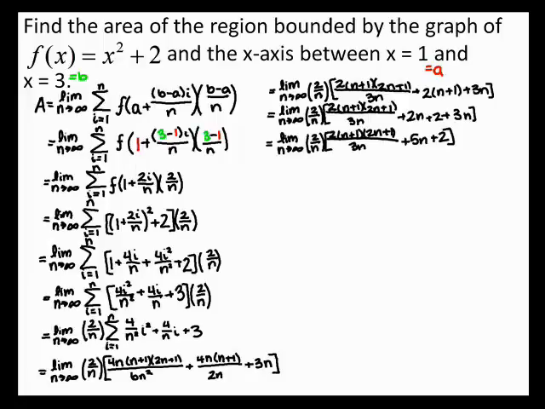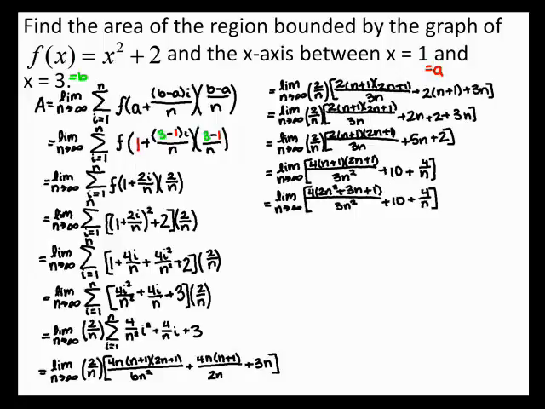Multiply 2 divided by n to the quantity and simplify. Simplify n plus 1 times 2n plus 1. Simplify 4 times the quantity 2n squared plus 3n plus 1 and separate the fraction. Simplify 8n squared divided by 3n squared, 12n divided by 3n squared, and 4 divided by 3n squared.